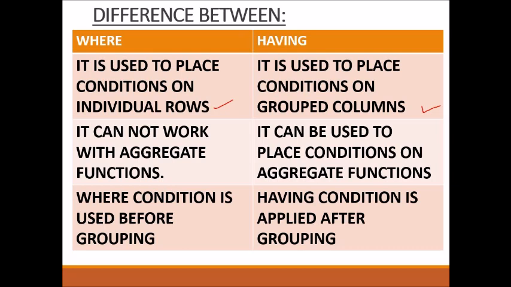Where cannot use aggregate functions, and the condition is applied before the grouping. Having can use aggregate functions and the condition is applied after grouping. So having is used after group by, whereas where is used before group by.